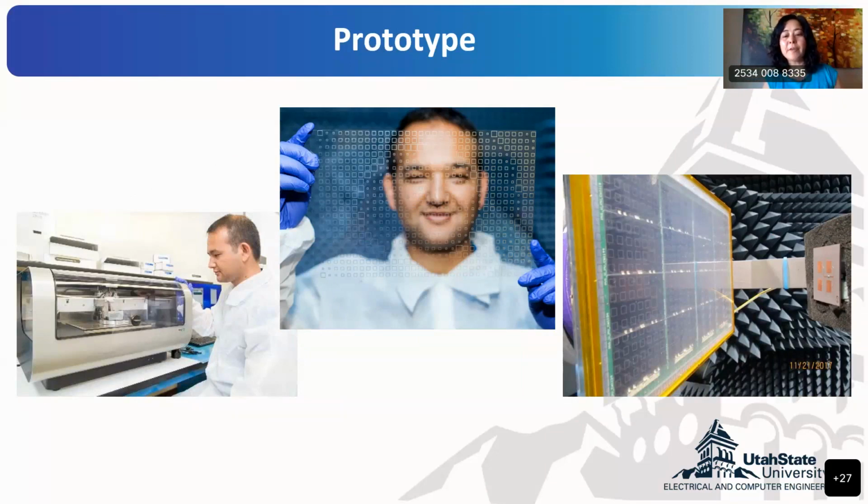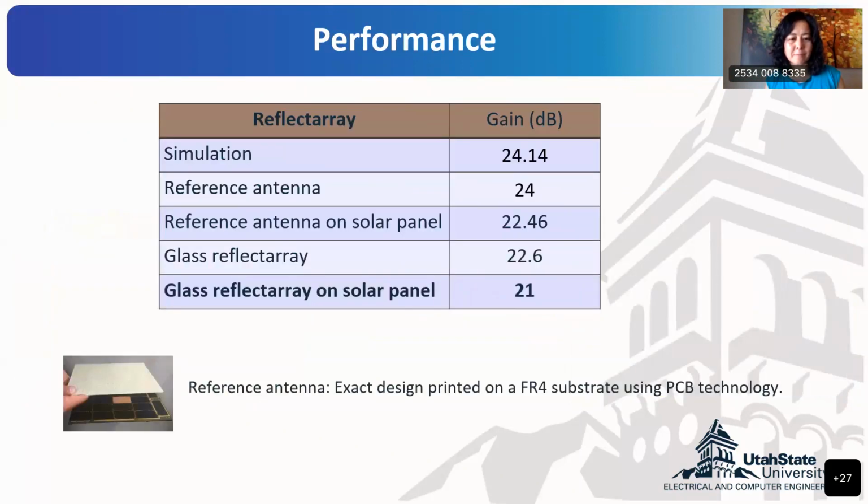The feed is a 2x2 solid patch antenna, and it can pop out from the other side of the CubeSat. We put the reflector on the deployed solar panel and have the feed on the CubeSat body. And of course, the feed can be meshed to make it into a meshed antenna as well.